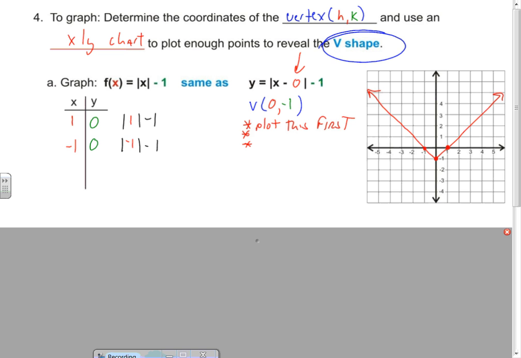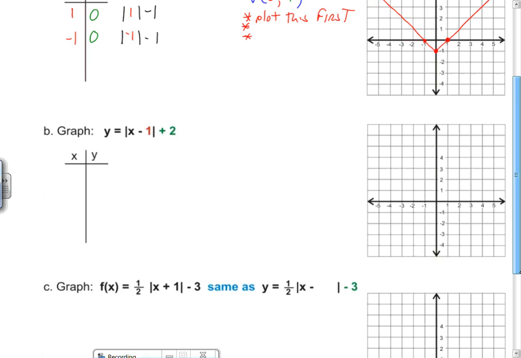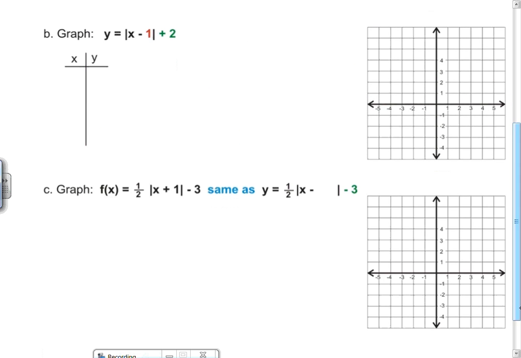All right, let's get to our last 2 examples. B, graph y equals the absolute value of x minus 1 plus 2. So somebody tell me how to start. How are we going to start? Kirsten? Got to do the vertex. If you are smart, you're going to say the vertex.